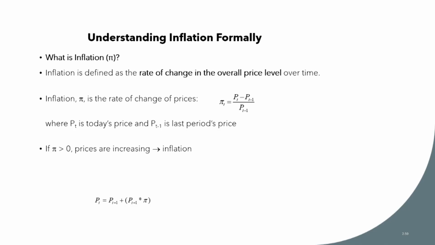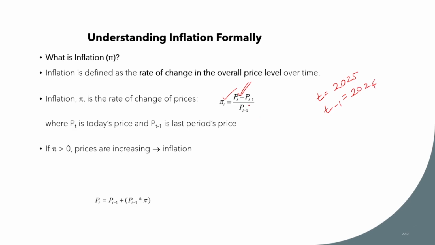For example, in this definition, P_t is today's price in the current year, and suppose we want to measure the price as compared to the previous year. Suppose t is the period 2025, then P_(t-1) is 2024.